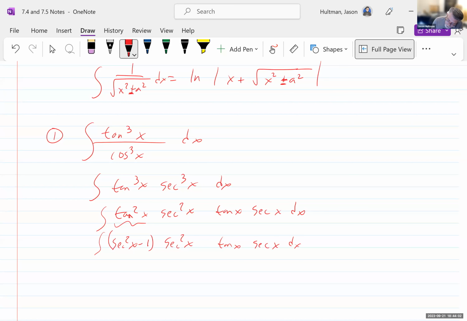So this becomes secant to the 4th x minus secant squared x times tangent x secant x dx. And so now we can just do a u sub.